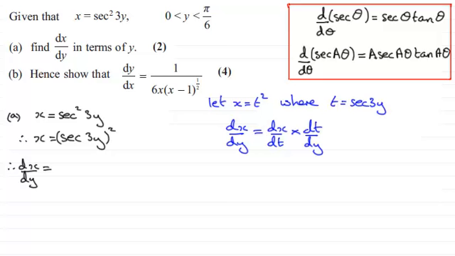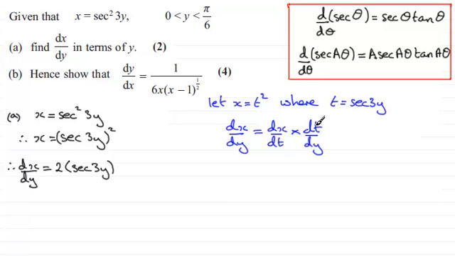So on that basis, going back to here, dx dy is equal to dx by dt, and if I differentiate x with respect to t, then I'm going to get 2t. So we'll put 2, and instead of t, we know that t is sec 3y, so that's 2 times sec 3y. And we'll close the bracket. So that's dx dt, the first part here done.